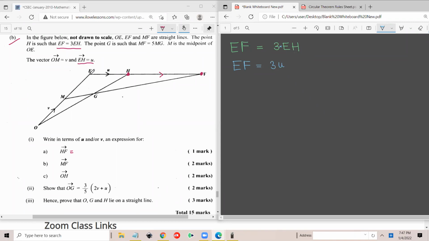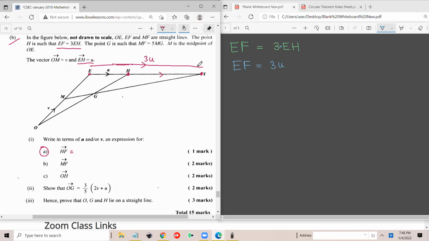The value of EF, from E to F, the whole thing is 3u. But the examiner for part A does not want the whole thing. If the whole distance is 3u and this distance from here to here is only 1u, how much is the balance? How much is from H to F?